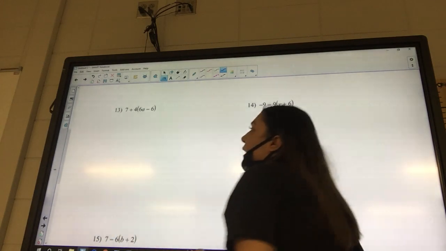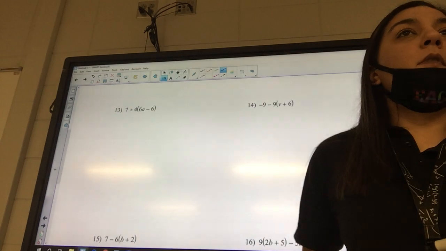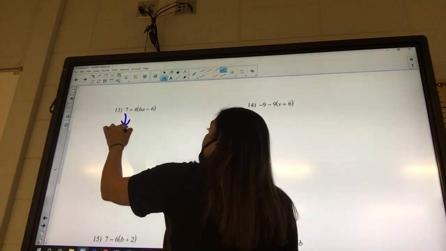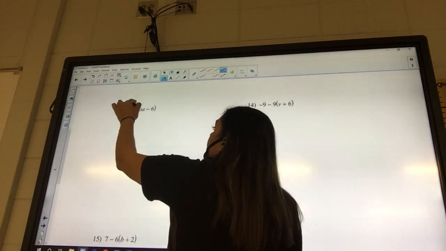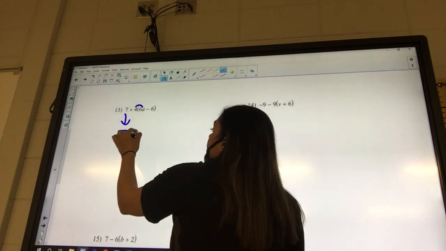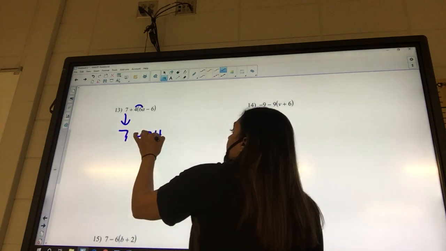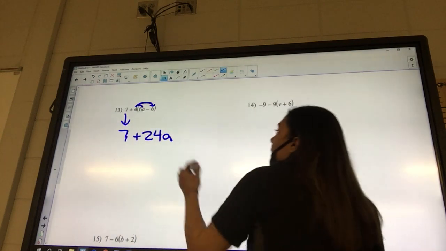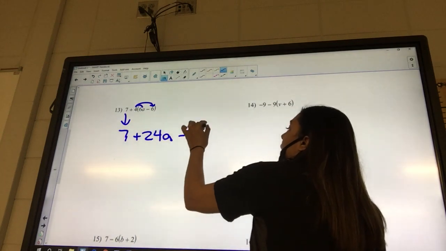Okay, 13, what gets dropped down? The 7. Okay, so drop the 7 down, because he's hanging out by himself. And so you're going to say 4 times 6, 24a. 4 times negative 6 is negative 24.